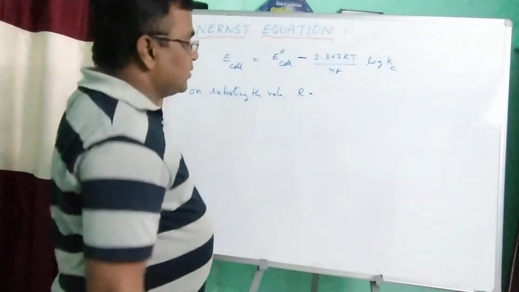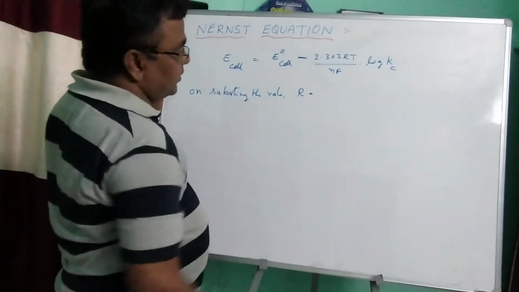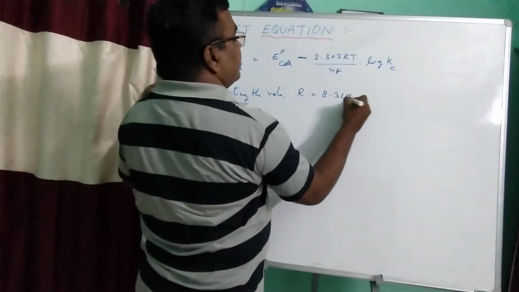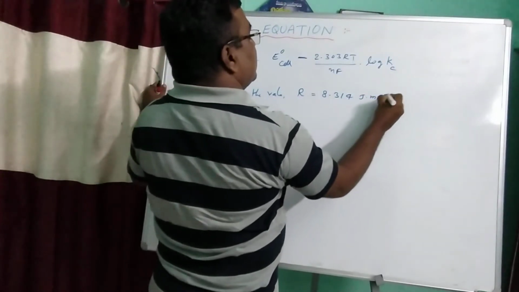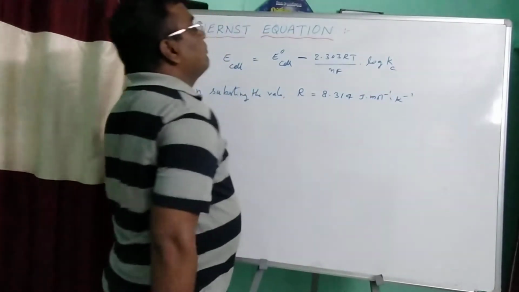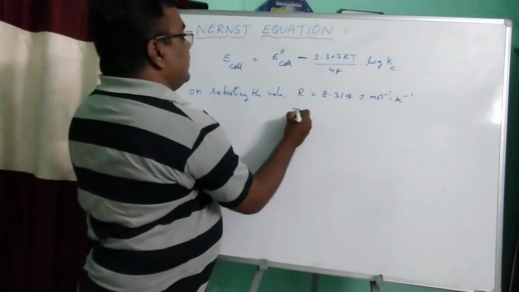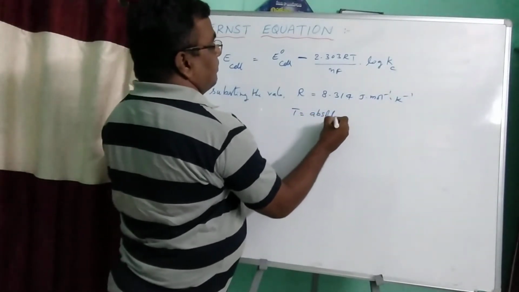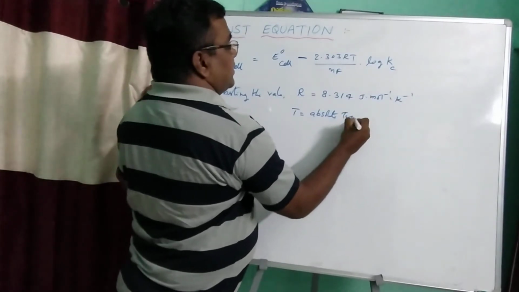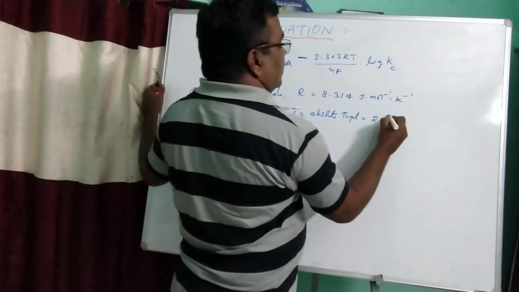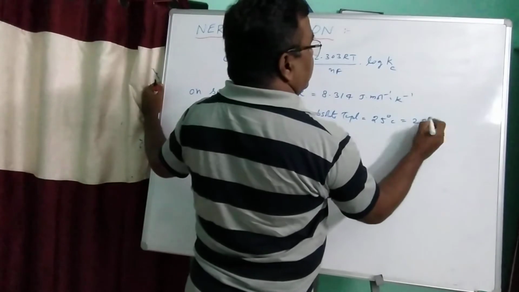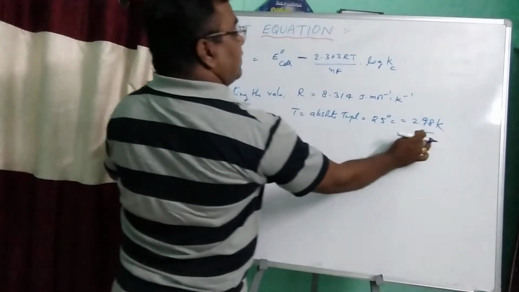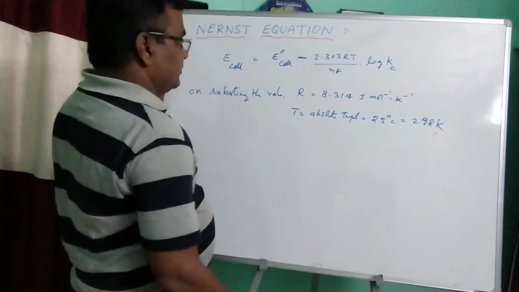R is the universal gas constant, simply the gas constant, R is equal to 8.314 joule per mole per Kelvin. T is the absolute temperature, taken as 25 degrees centigrade, that is equal to 298 Kelvin.